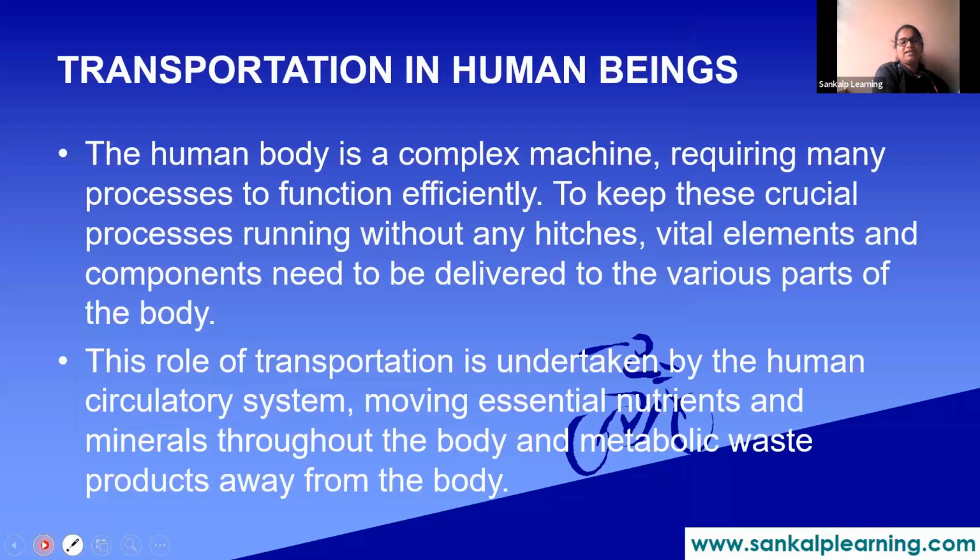Fine. Next, we have transportation in human beings. So, what all did we discuss in the last episodes? Digestion occurred, so we got the simplest food like glucose, amino acids, and fatty acids and glycerol. These nutrients are absorbed by all the cells with the help of the blood.